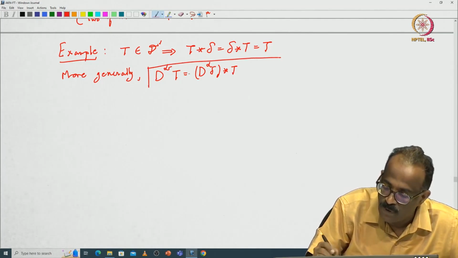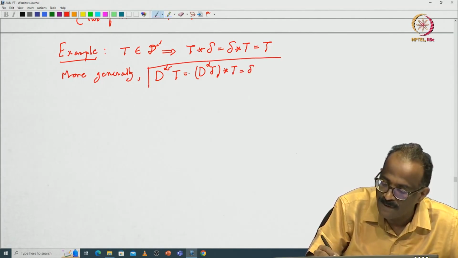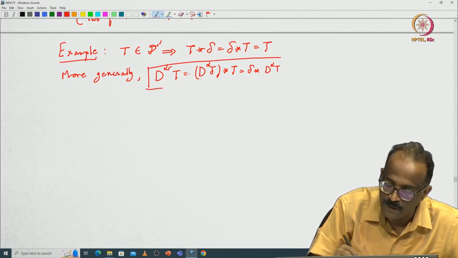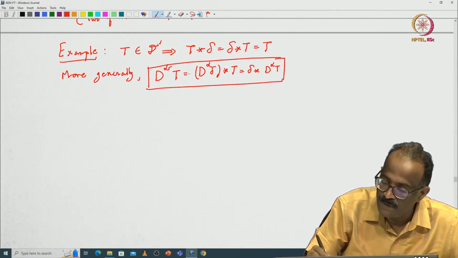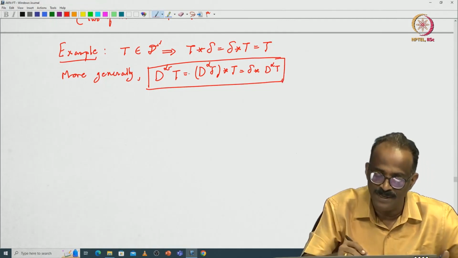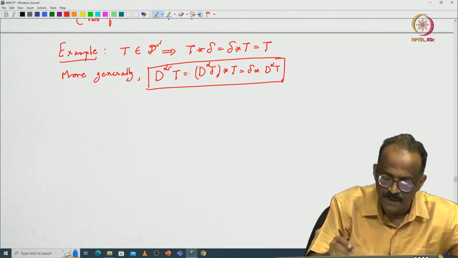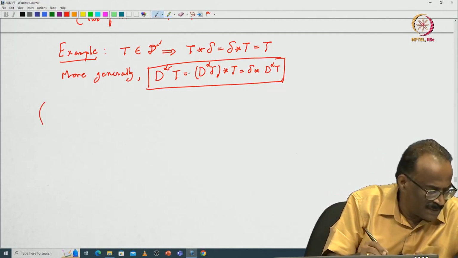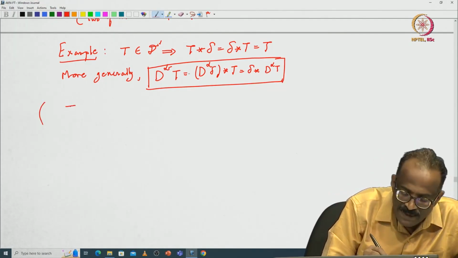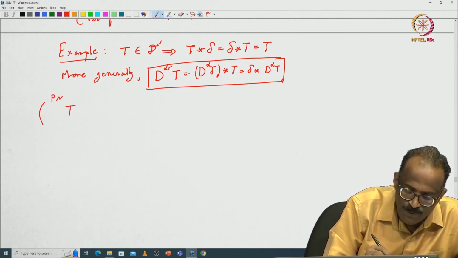You see now. Of course, you can write it as delta star D power alpha of T, if you want that. So you see, for every D power alpha of T, delta works like an identity if you want. You don't need a proof, but it's almost trivial. So let's see if you want a quick proof of that.